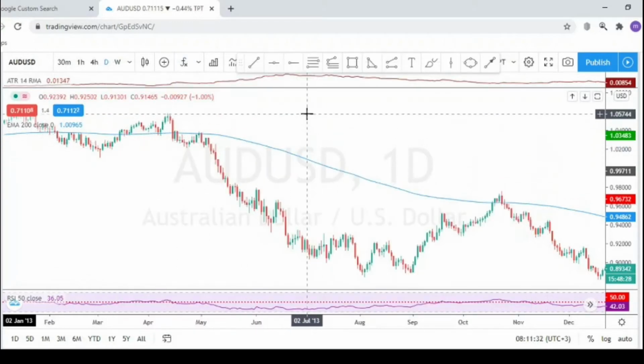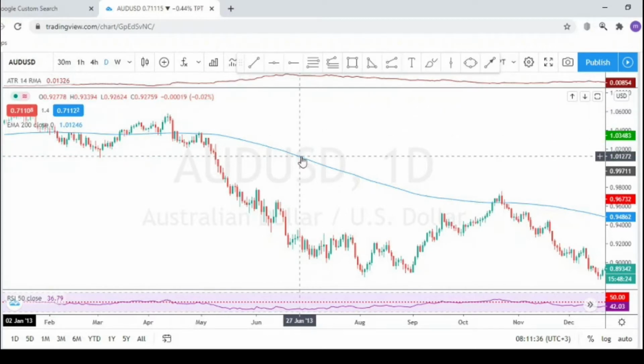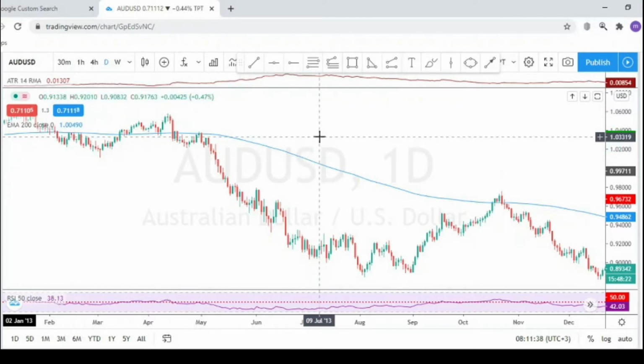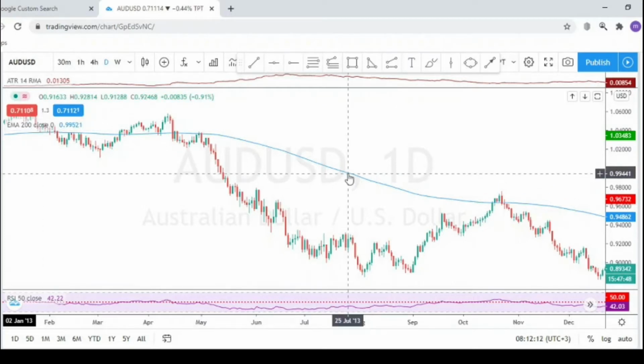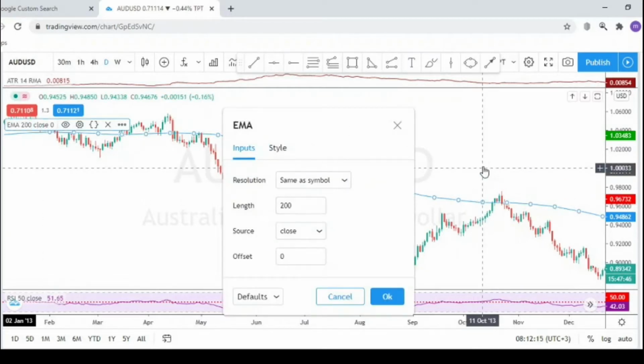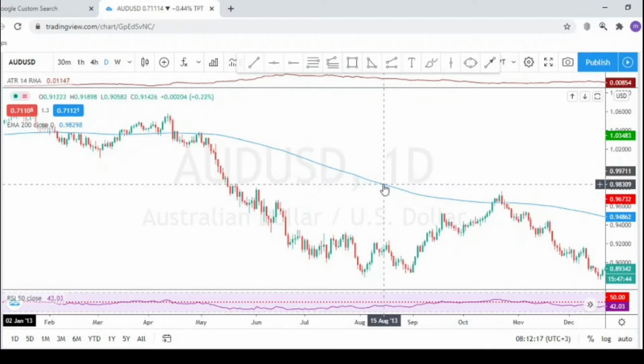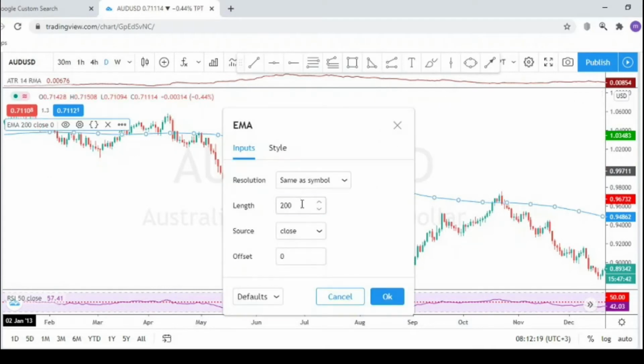And an exponential moving average, guys, it can be in different periods. You can have 20 EMA, 50 EMA, 100 EMA, 200 EMA, depending on the market conditions. But in a healthy market condition that makes massive pullbacks, the EMA you can use is 200 period EMA. What you do, you click on this EMA and you change.